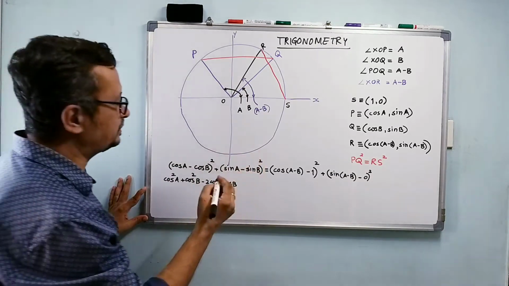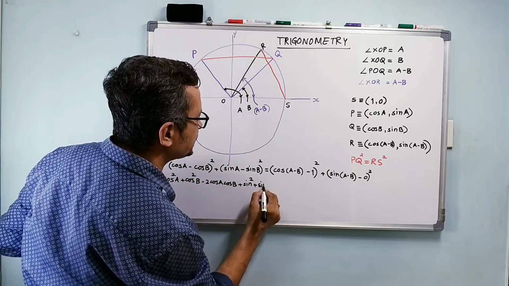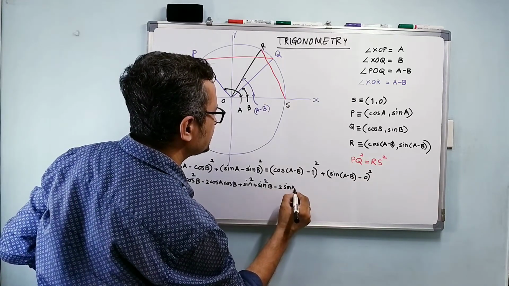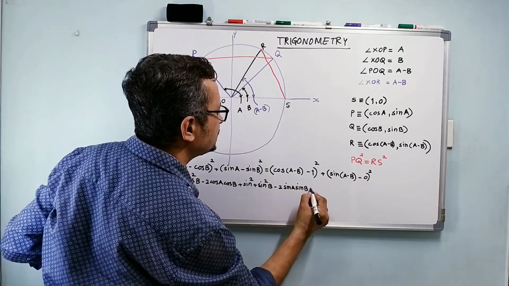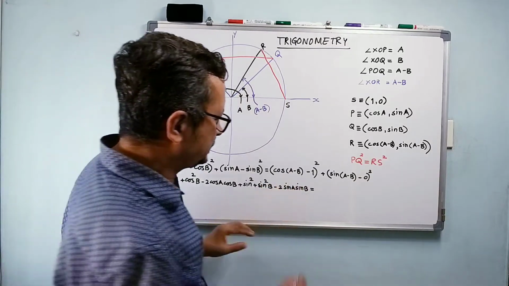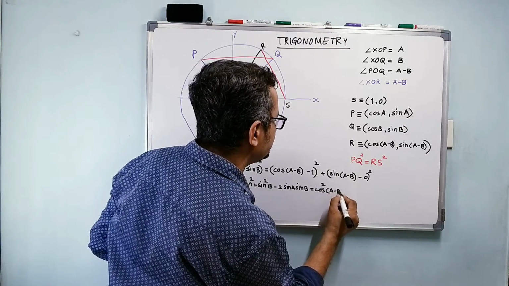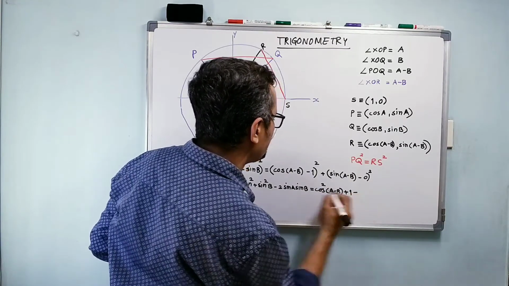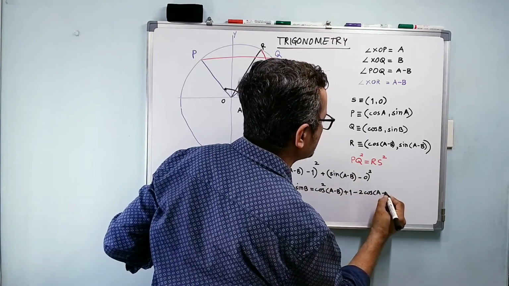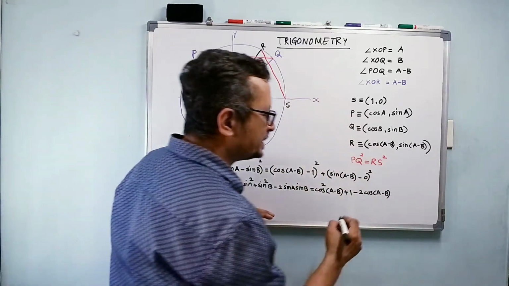This is the square of my first term, plus sin square A plus sin square B minus 2 sin A sin B is equal to the square of this. So cos square (A minus B) plus 1 minus 2 cos (A minus B), and here my second term is 0, so it is obviously only sin square (A minus B).